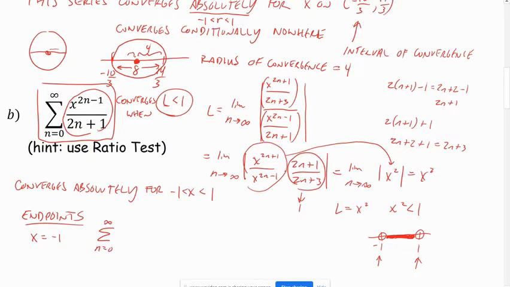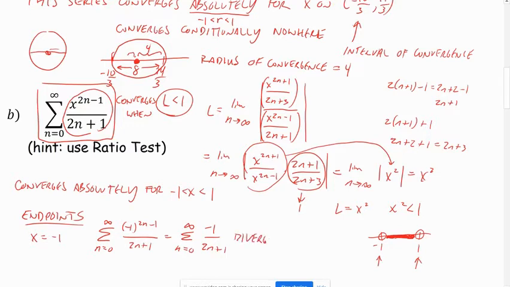If we plug in x equals -1, we'd have -1 to the 2n minus 1, which is always odd, and then over 2n plus 1. Since that's always odd, that's the same as -1 over 2n plus 1. And that diverges.